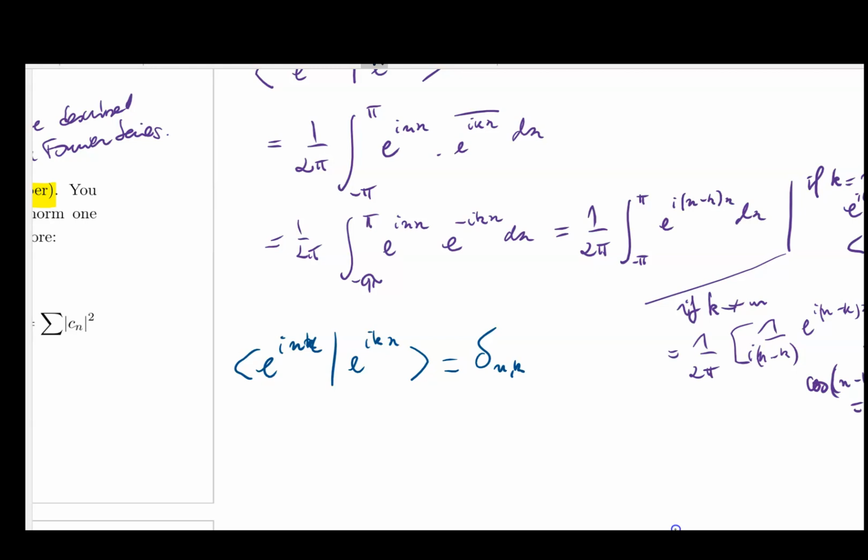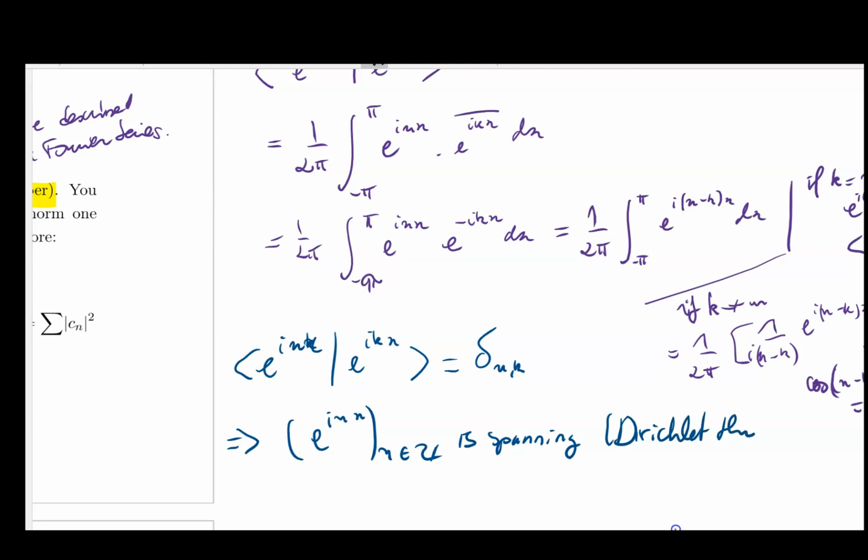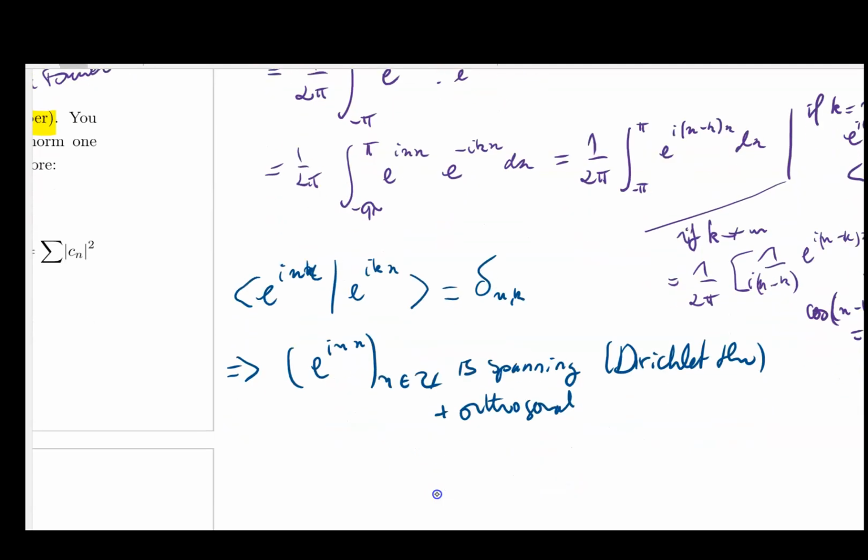So what do we get? This family, for all n in Z, is spanning, that's the result of Dirichlet theorem, and orthogonal, and even orthonormal from what we have just shown, and normalized.